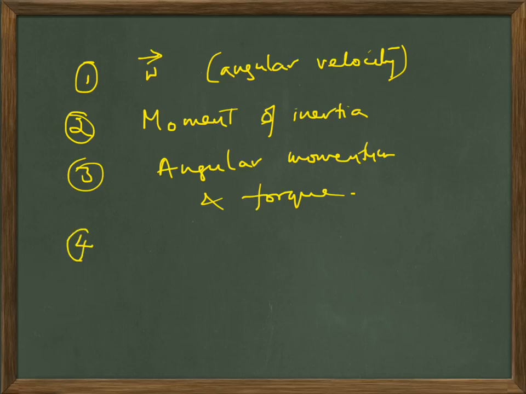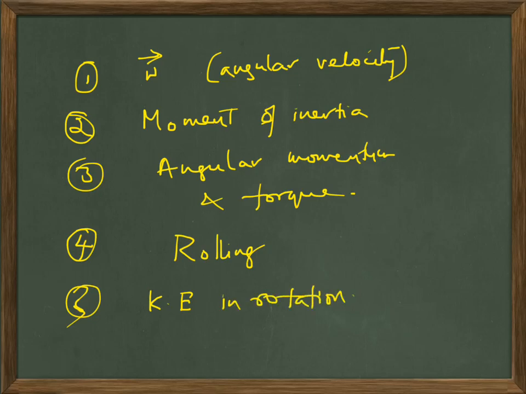Then we must talk about rolling motion, which is another separate topic, and I must talk about kinetic energy in rotation. And then we have to club all these topics also. There may be many other small topics, toppling, etc. Then we have to club all these topics and do problems on that.